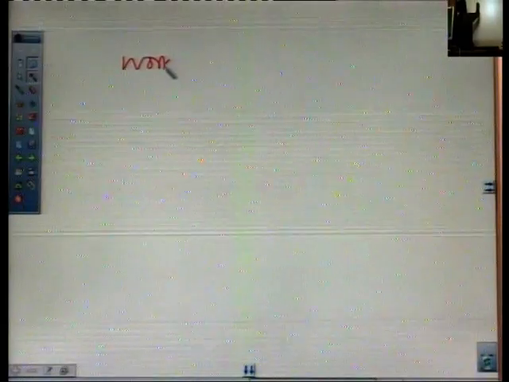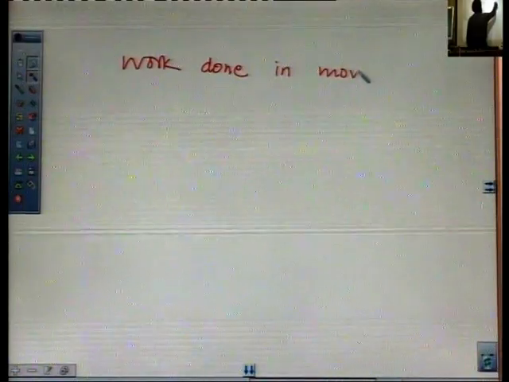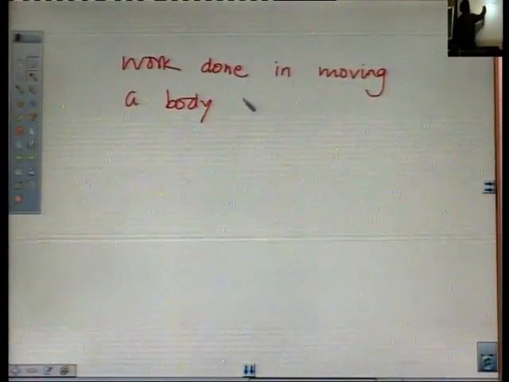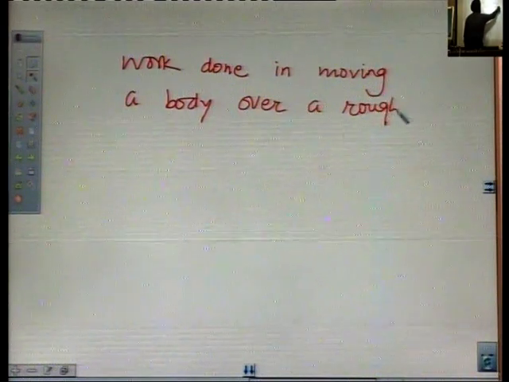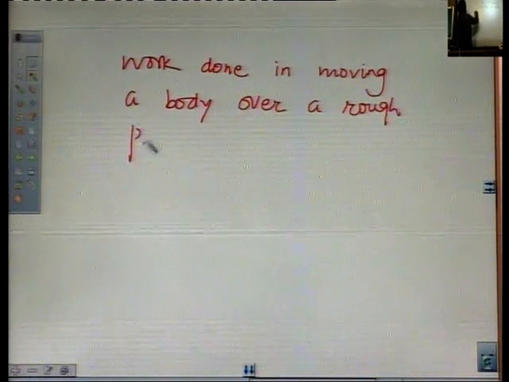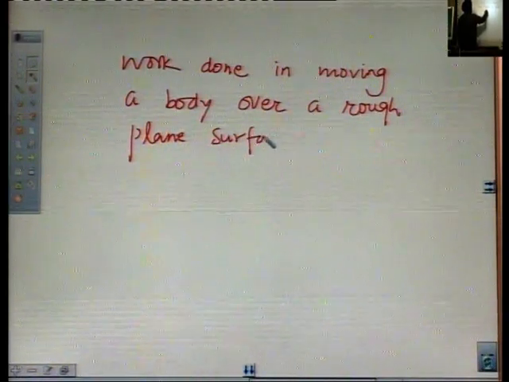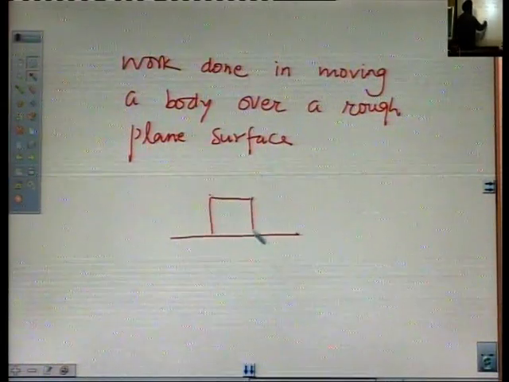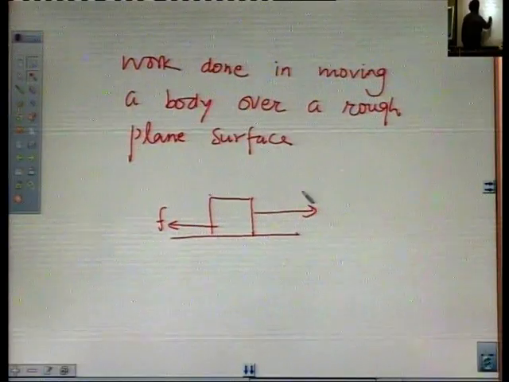Then what is the work done in moving a body over a rough plane surface? Force of friction always acts in opposition to the motion of the body.